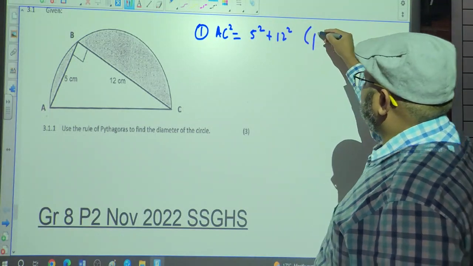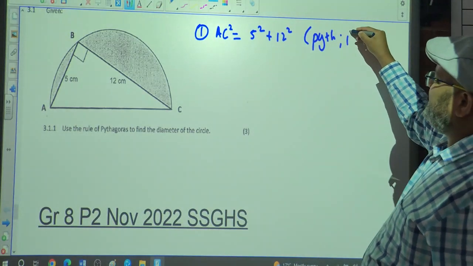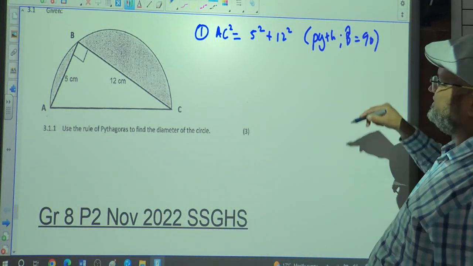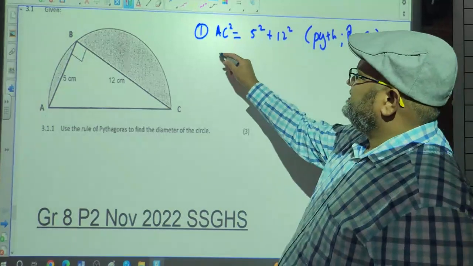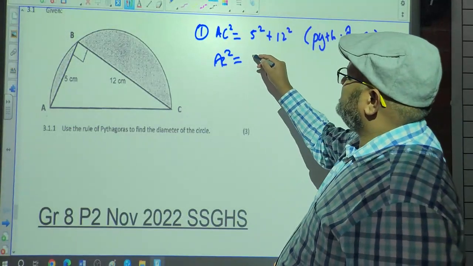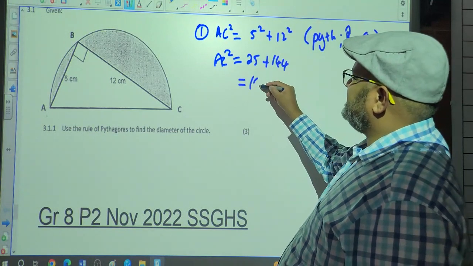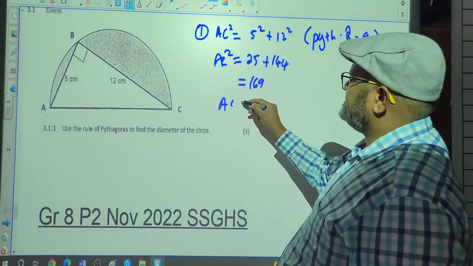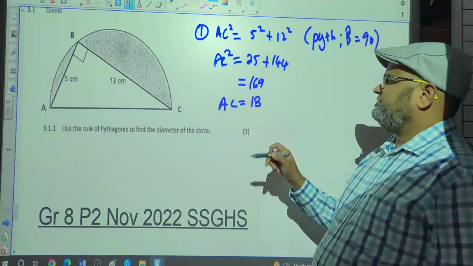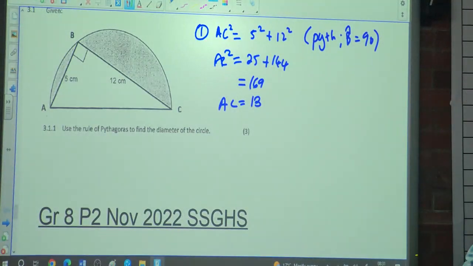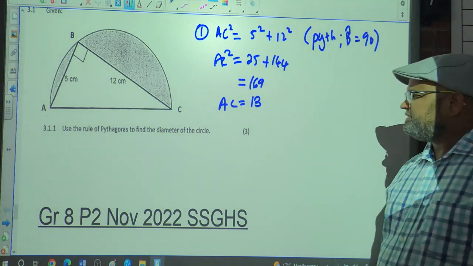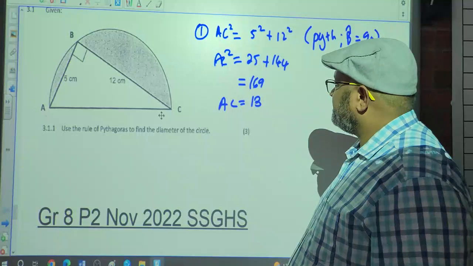Reason: Pythagoras with angle B equals 90 degrees. So AC squared is equal to 25 plus 144, which is 169. So AC is going to give you 13. Or you can just say AC is 13, and you can just say Pythagorean triple.